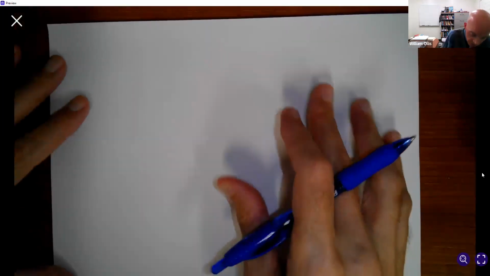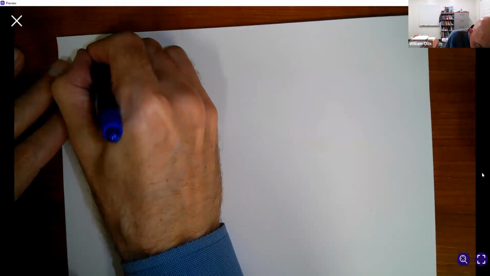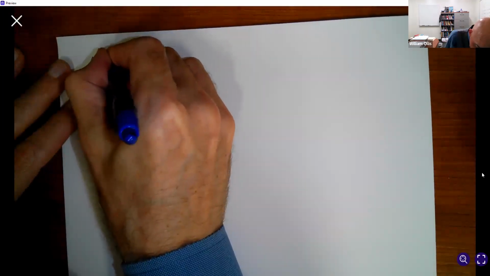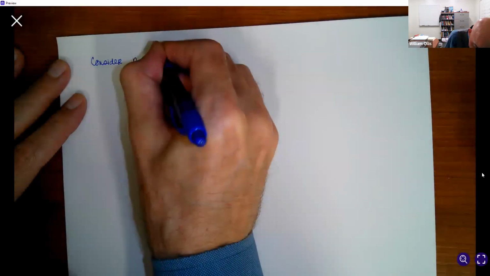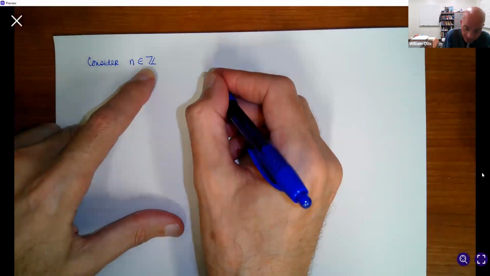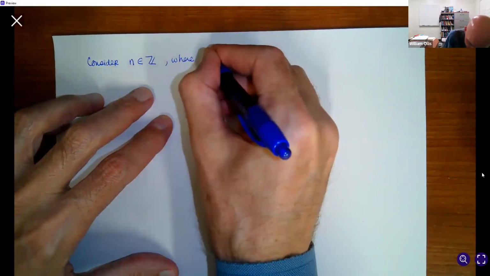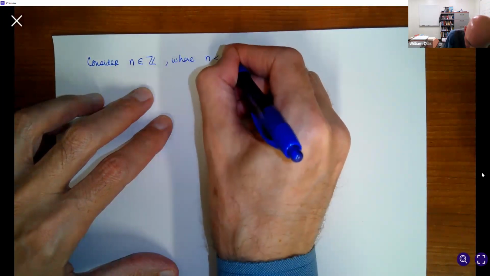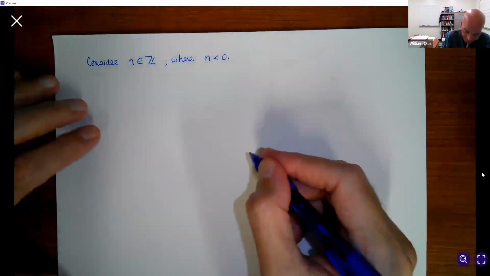That is -1, -2, -3, things like that. So for instance, consider n an integer. So Z is our integer, the German Zahlen, that means the integer, where n is less than 0. So we're thinking -1, -5, things like that.